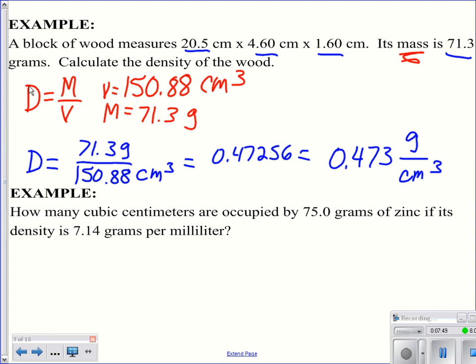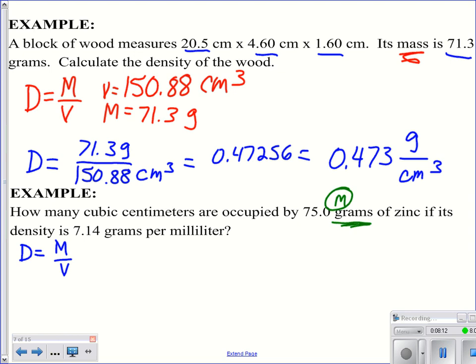Okay, next one says how many cubic centimeters are occupied by 75 grams of zinc if its density is 7.14 grams per milliliter. So the question is, again, we know density is mass per volume. Well, let's go ahead and identify the different parts that we have in this. If I see grams, what unit is that telling me?